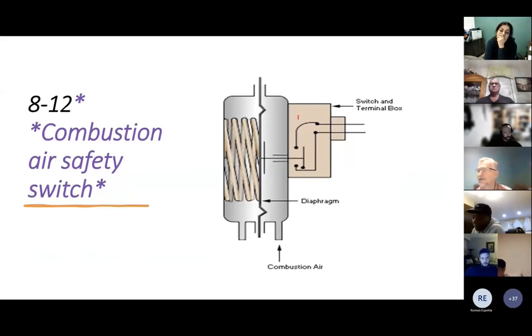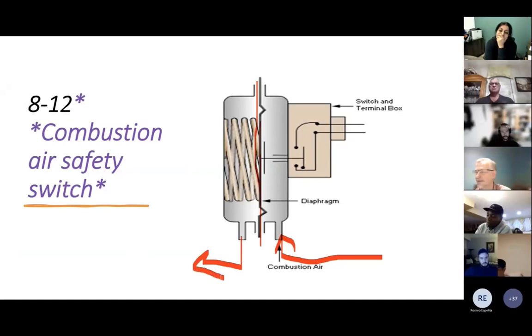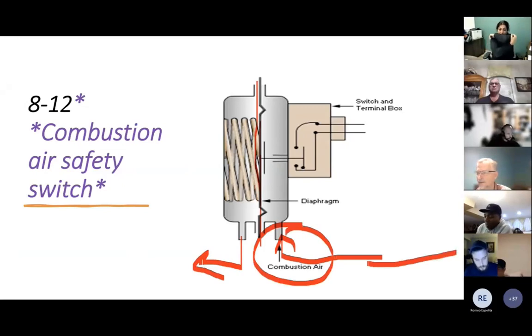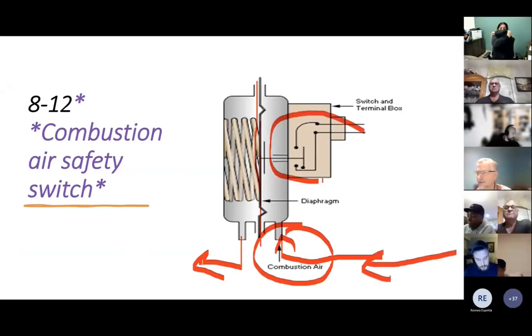And that switch looks like that. It has a diaphragm in the middle, and it has combustion air connected to one side, and the other side is connected to the atmosphere, basically an open tube. It compares atmosphere to fan outlet pressure and opens the circuit when the airflow fails.